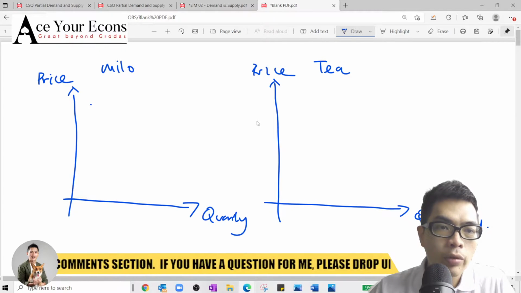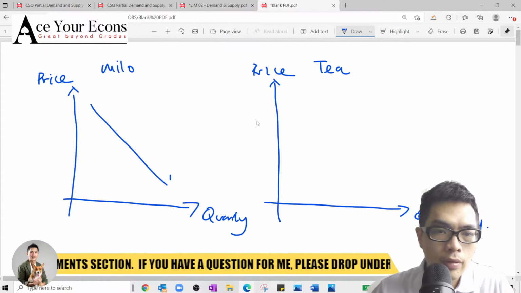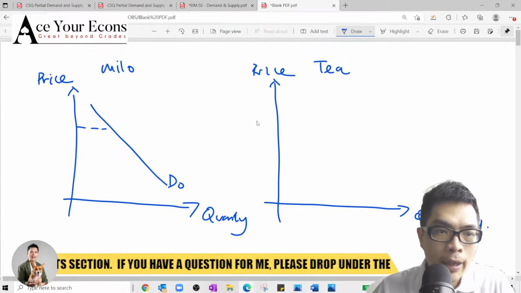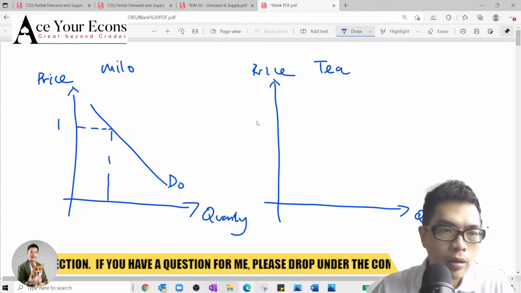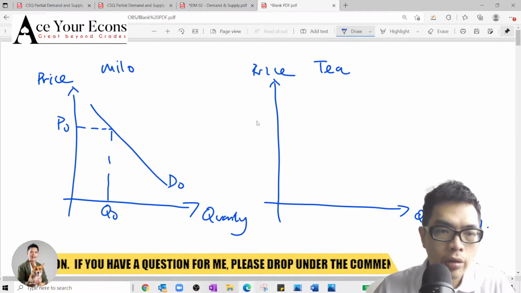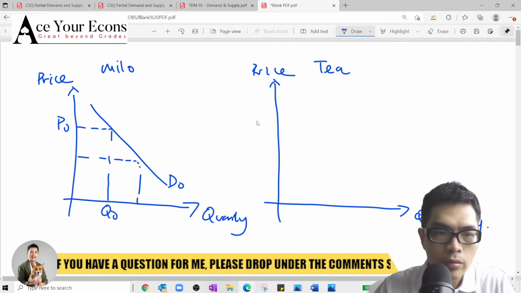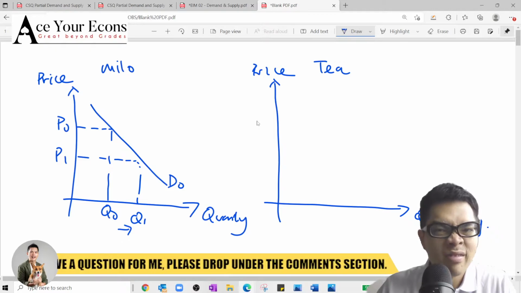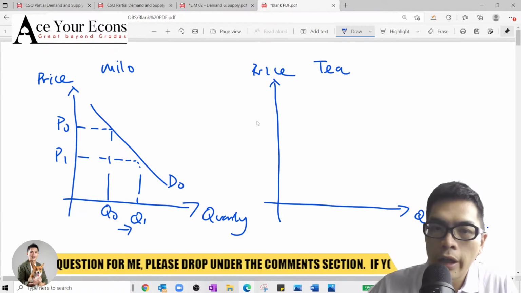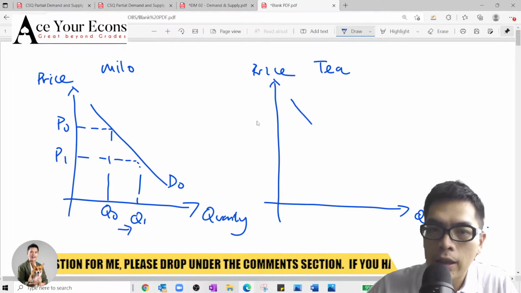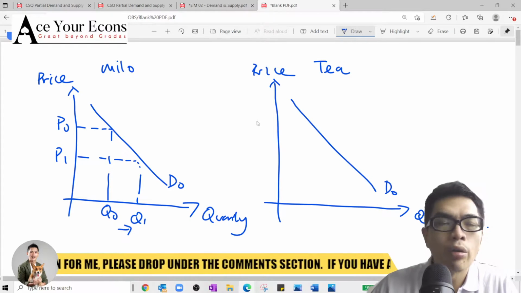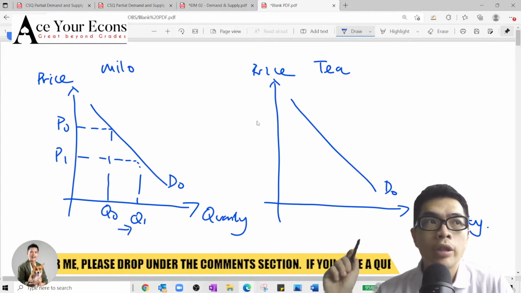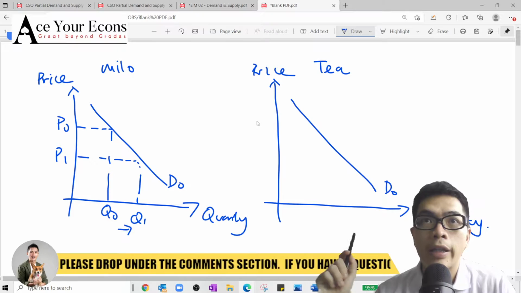So earlier on, we saw that there is a fall in price, no change in demand, P0, Q0. We know that quantity demanded of Milo goes up. So for the market of tea, what is going to happen here? Just now someone mentioned that tea is a substitute.